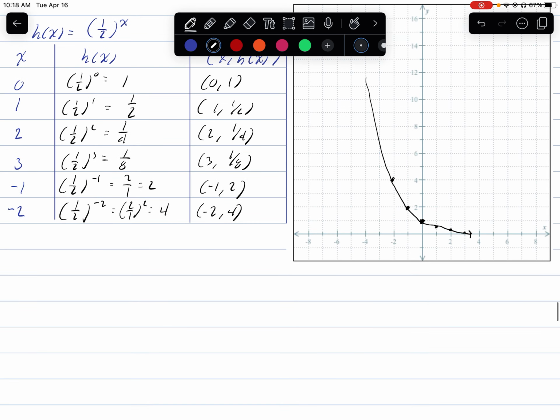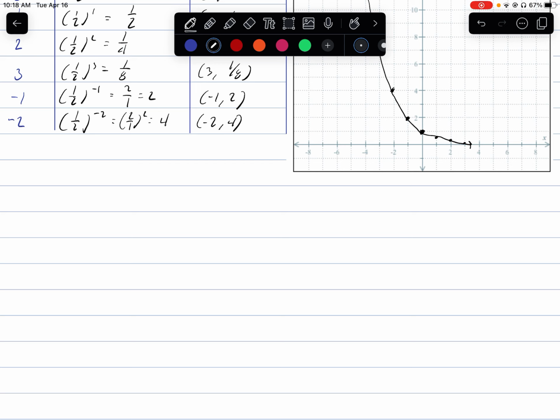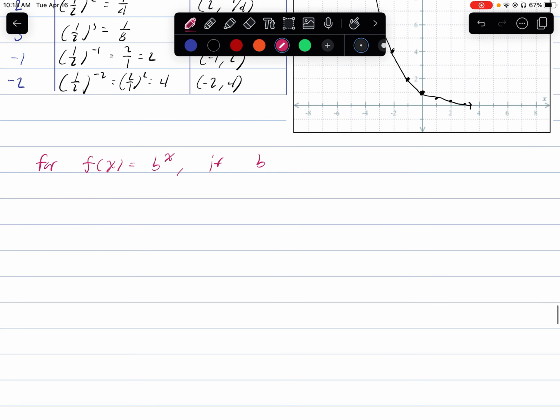So we come away with a basic conclusion. For f of x equals b to the x, if b is greater than 1, then f of x is going to go to infinity as x goes to infinity. Okay, so it's going to get infinitely large as x gets large, right?